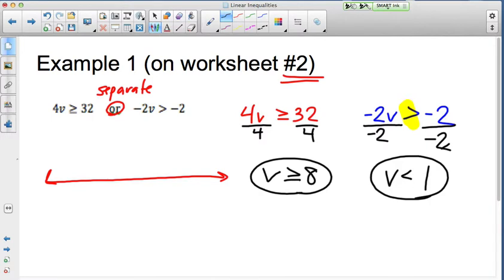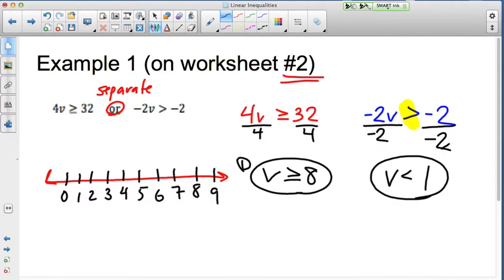So I'm going to graph this one first. I'll start at 8. So let me just make my number line: 0, 1, 2, 3, 4, 5, 6, 7, 8, 9. I'm going to start at 8, and I'm going to draw a closed circle since it's greater than or equal to, and an arrow to the right.